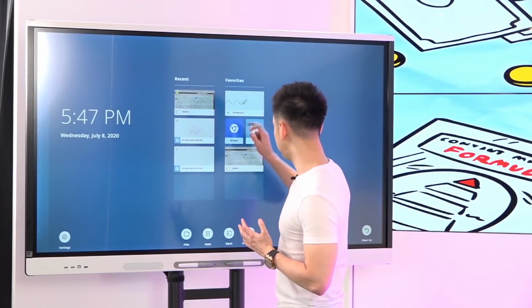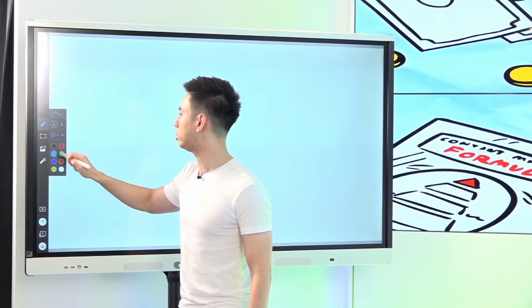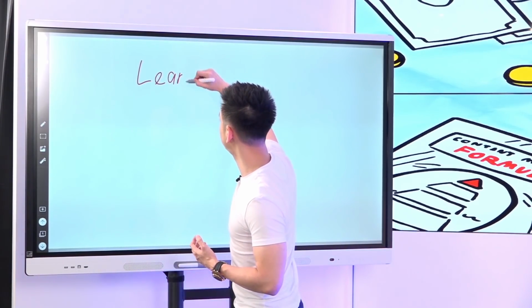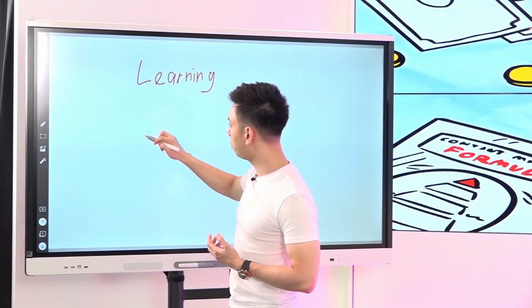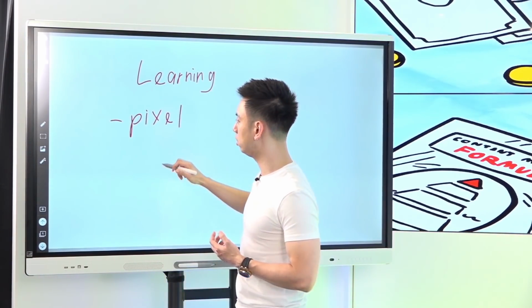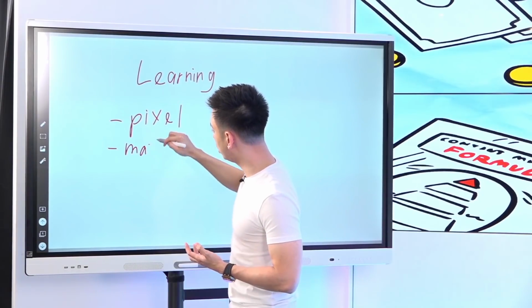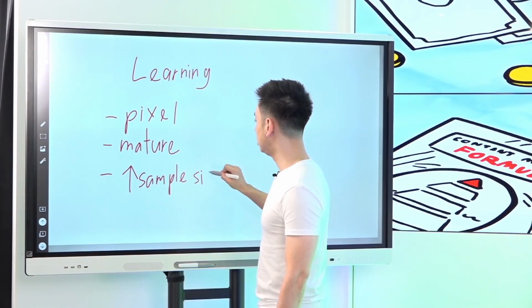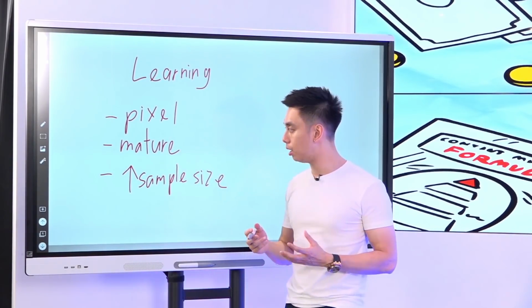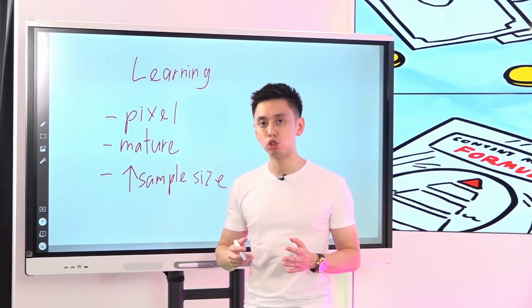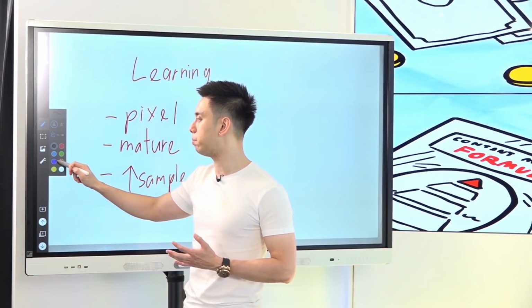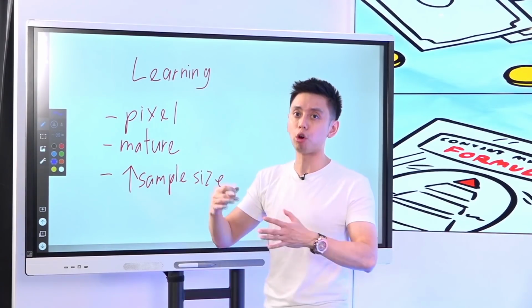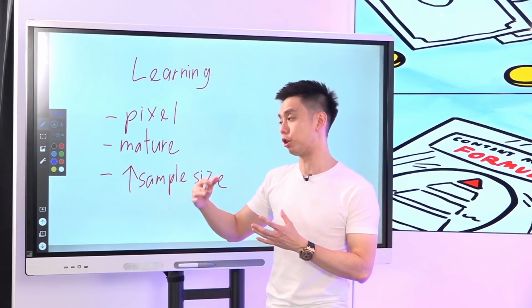The reason why, when it comes to CBO, you want to understand why it's so powerful is because Facebook always goes through this learning phase, where you install a pixel and you want this pixel to mature over time. And how it matures is when you have a large enough sample size. The issue with campaigns, if you have a small budget, is that sometimes you might not have a large enough sample size for Facebook to reach a specific conclusion and give you more potential buyers that look like that sample.